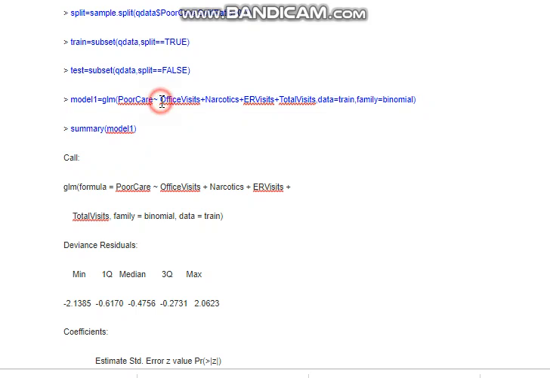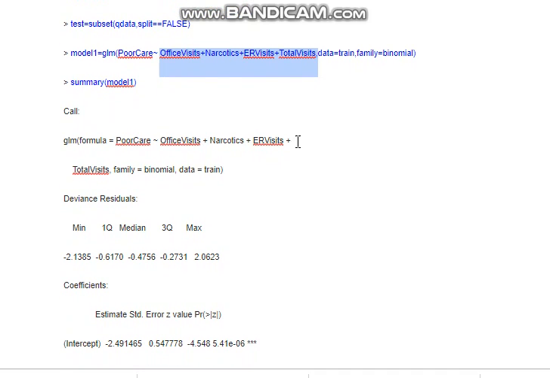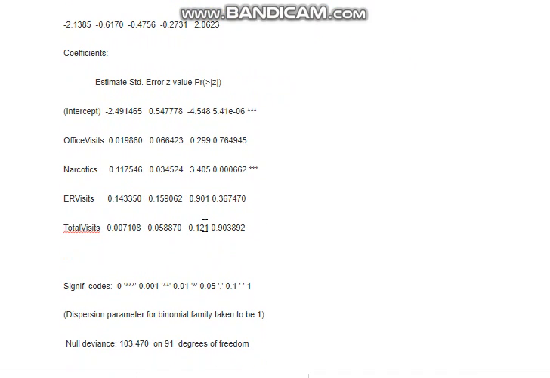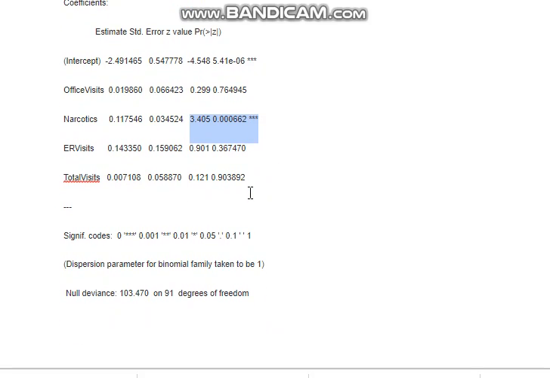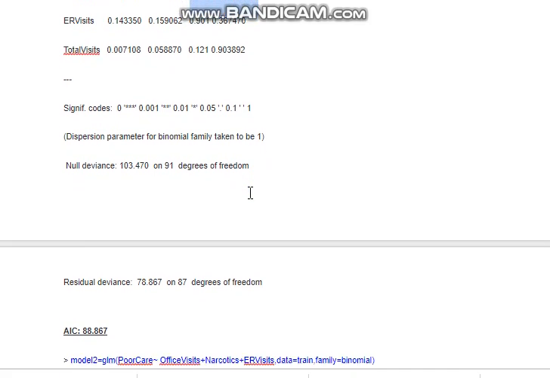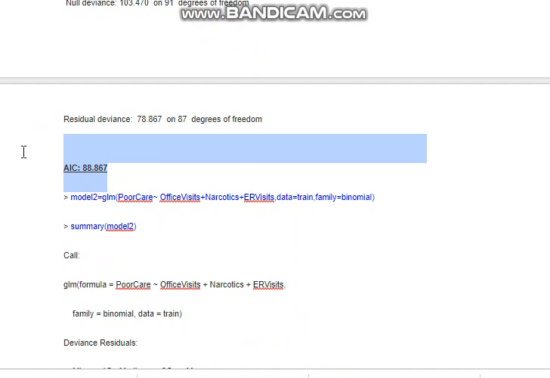First we take the attributes office visit, narcotics, ER visit, and total visits, and we find that only some attributes have significance. The p-value for the intercept and narcotics is very small, so they are the significant attributes, with an AIC value of 88.67.